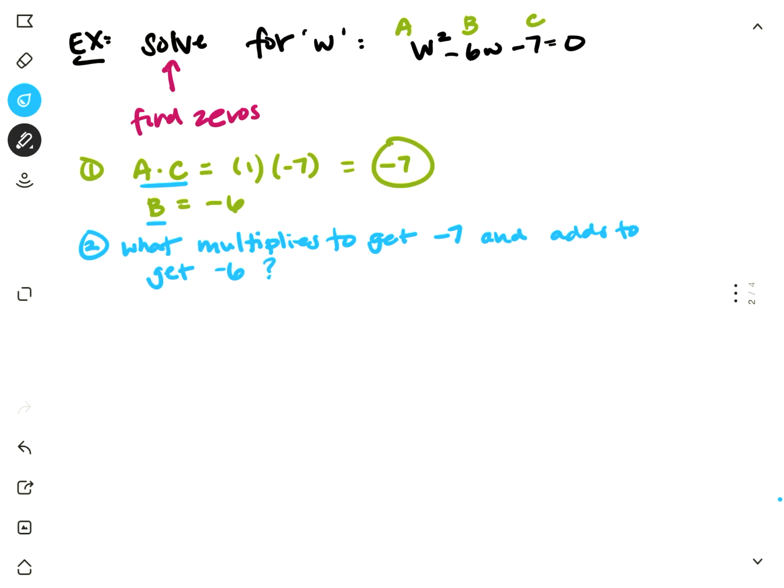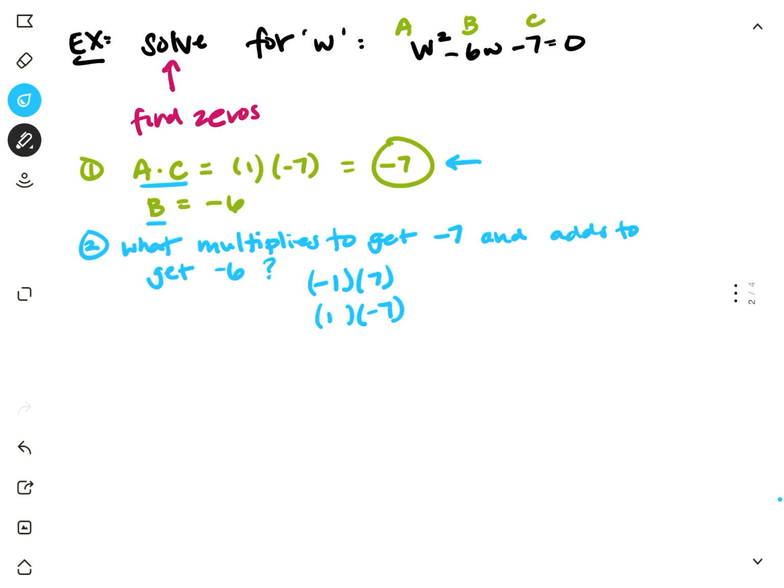So we're looking at the factors of negative 7, because what multiplies to get negative 7? There's two ways: we can do negative 1 times positive 7, or positive 1 times negative 7. Those are the only two ways we can multiply two numbers to get negative 7.